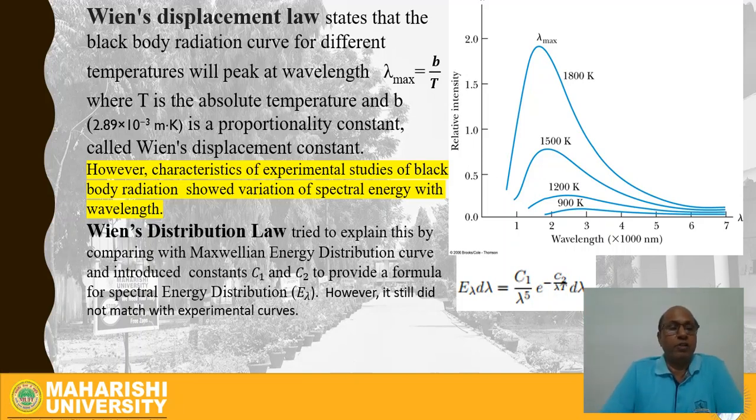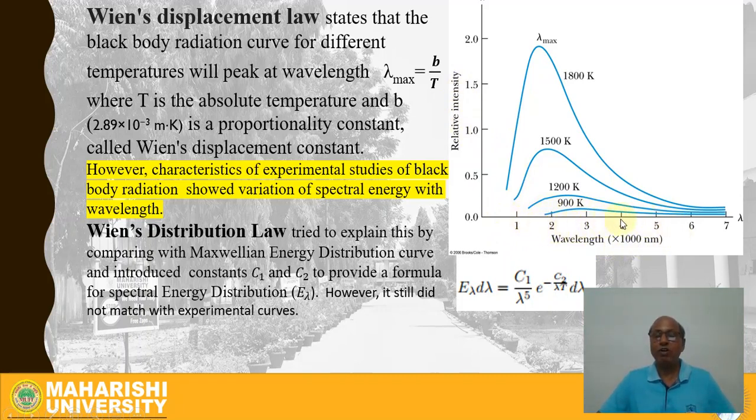done for black body radiation, and it was found that the black body radiation behavior was something like this. That means whatever emissivity or emission density, emission energy, or the intensity of emission was there, it was varying with the wavelength of the radiation, right?